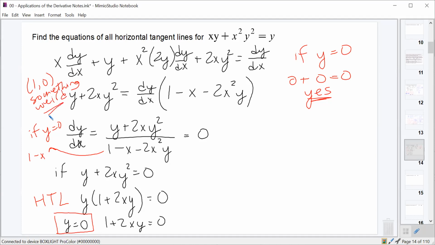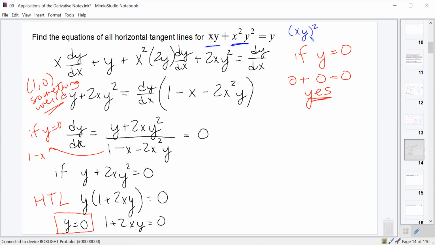Okay. Then as far as 1 plus 2xy equals 0, we have the option of solving for x or solving for y. But a better choice here is to recognize that in my original equation, I've got an xy, and I've got x squared y squared, which is the same as the quantity xy squared.